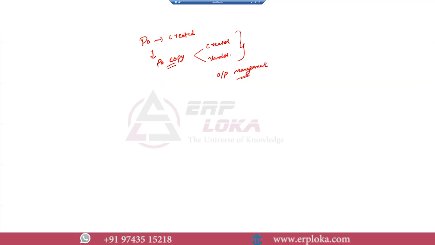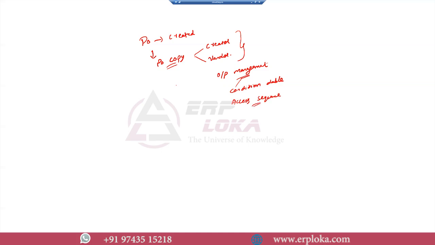So to create the output management, you need to maintain the condition table, and the main important thing is you need to have the access sequence created. Why is the access sequence important?